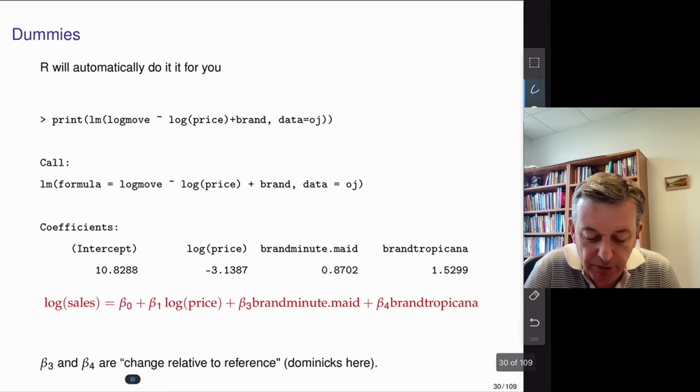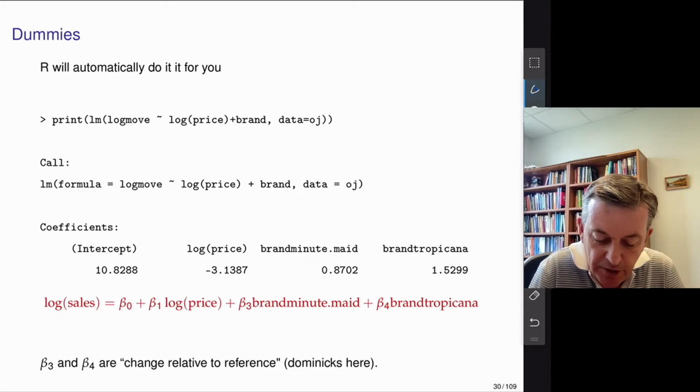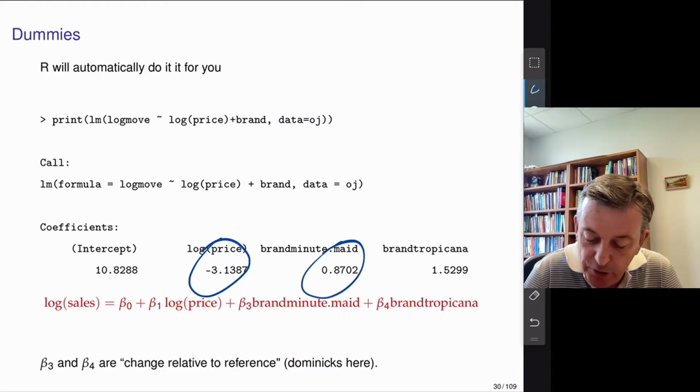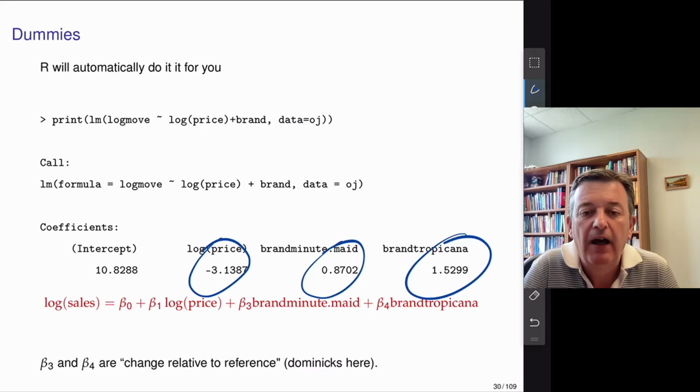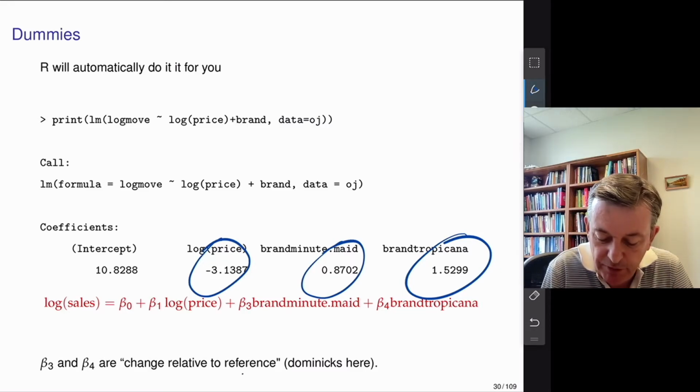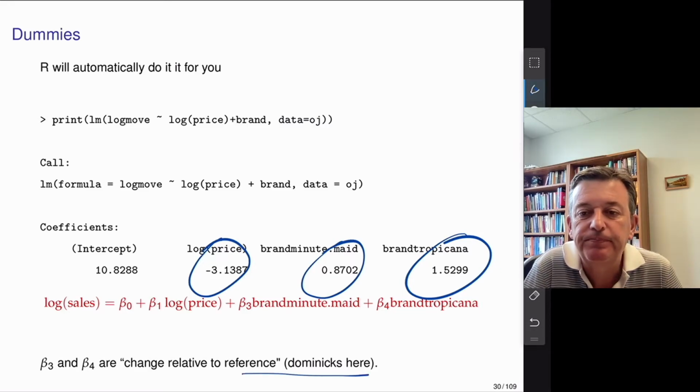And again, if I run the regression, I get to figure out my coefficients. So I get my plain vanilla price elasticity, and then I get the interesting effect of the dummies. So I get to see how much Minute Maid brand affects sales, and how much Tropicana affects sales. And again, it's just relative to the reference brand here, which is Dominic's.